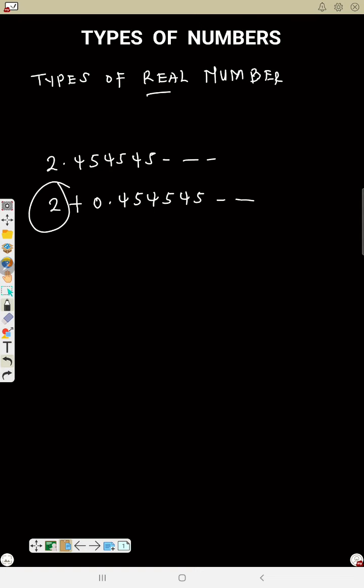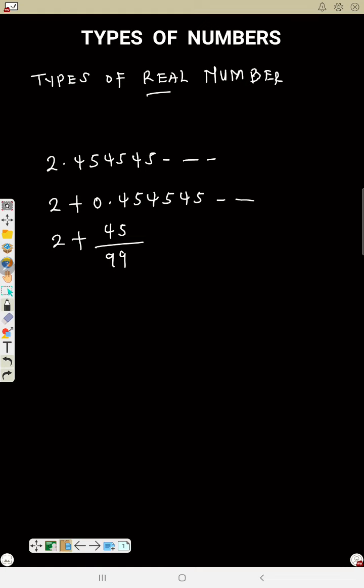So this now is the same thing as this. After you split the whole number part, the integer part from the fractional part, then this can be 2 plus, now change this to fraction. That will be 45 is repeating divided by 99, because we have 4 5, 2 numbers.